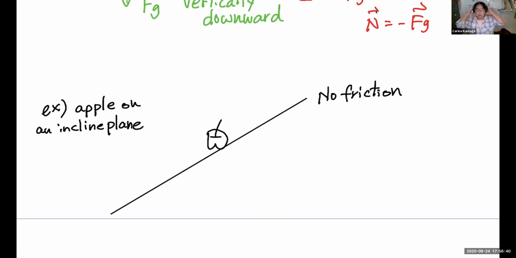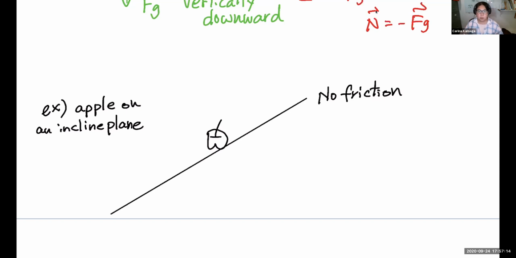When the apple is on the inclined plane, what are the forces exerted on the apple? One obvious one is always the gravitational force. What's its direction? Vertically downward. Has the gravitational force changed from when it's on the flat surface to the incline? No, it doesn't change.